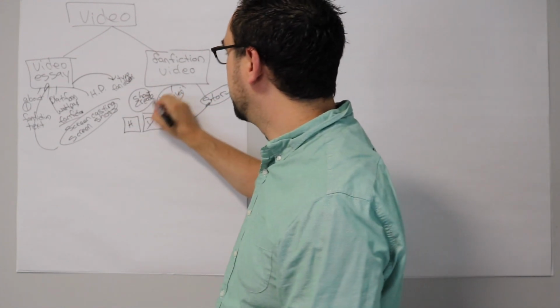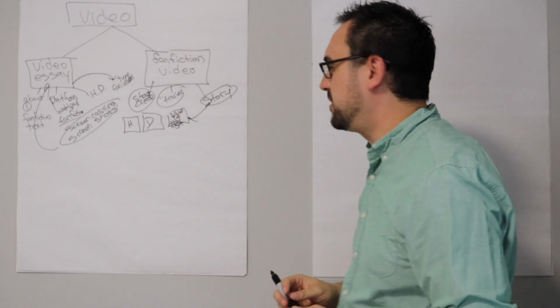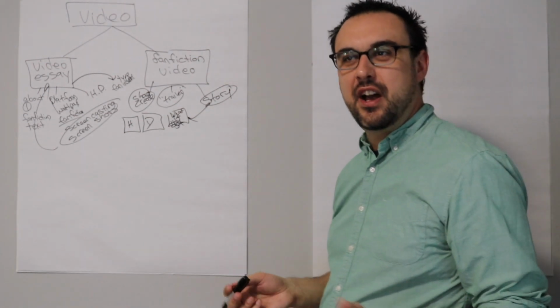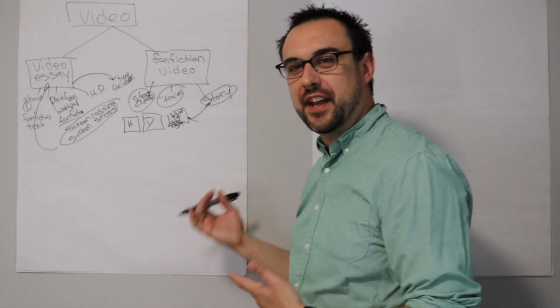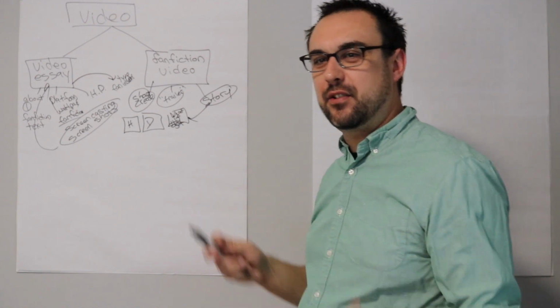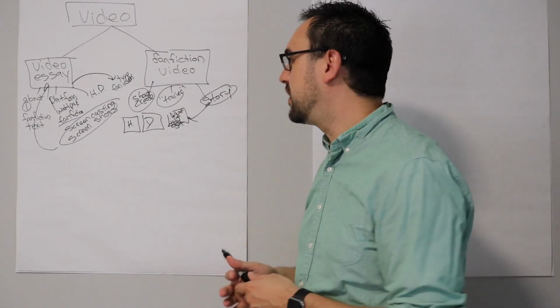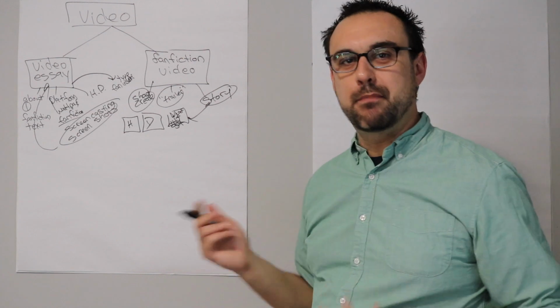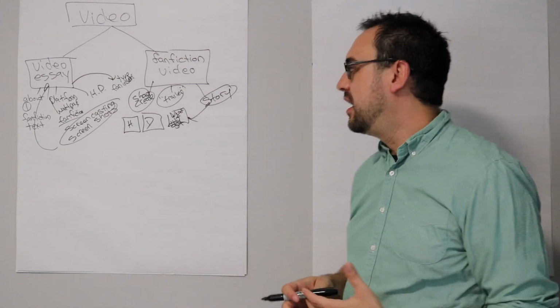Or again, if you really are feeling up to it, you could shoot and create your own. You could also draw and kind of animate, or draw and just have voiceovers. There's really multiple ways you can do this.